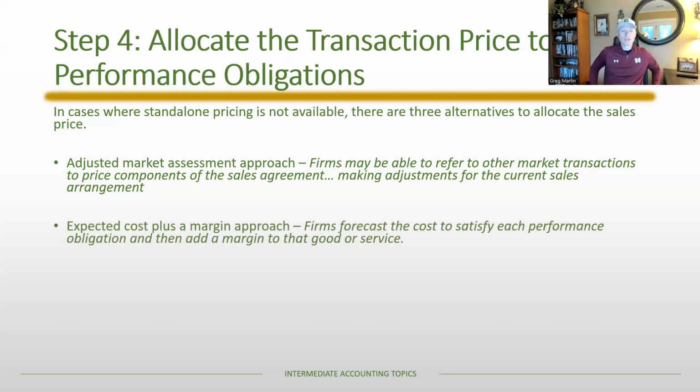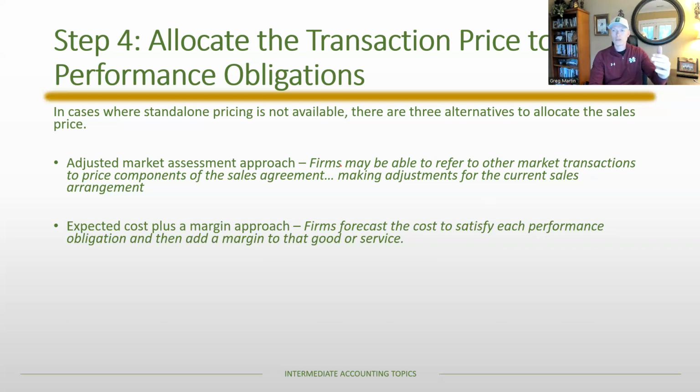Another approach would be the expected cost plus a margin approach. A lot of times whenever you have a contract, you can forecast the cost to satisfy each performance obligation, but you may not really have market pricing for each one. So you just know the cost, but you don't really price everything individually. You've never really done that. And so if you don't have really reliable ways to estimate each individual obligation, what you can do is this cost plus a margin approach.